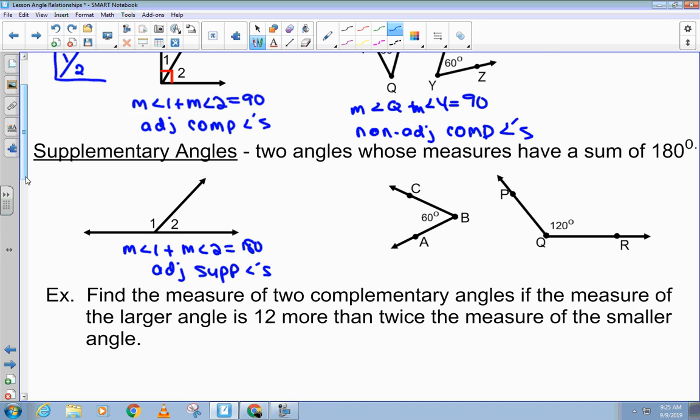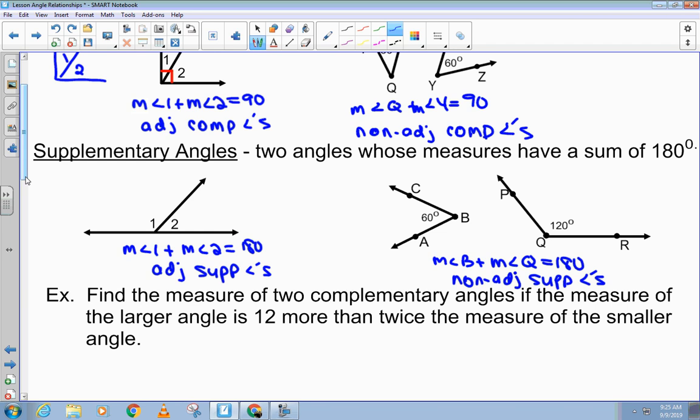Here, these aren't a linear pair, right? But we look at their measures and they're 180 degrees. So the measure of angle B plus the measure of angle Q equals 180. So these are non-adjacent supplementary angles.